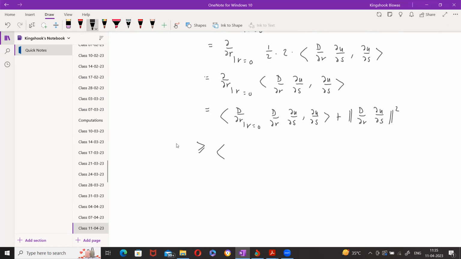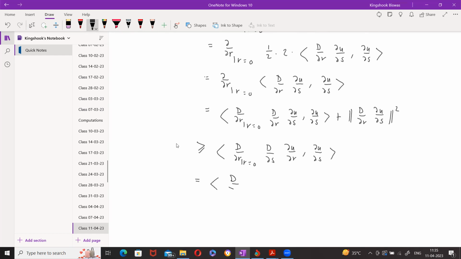So that will give me D del r at r equal to 0 of D del s of del u del r, inner product del u del s. And now I can interchange the covariant derivatives by adding a curvature term, right?